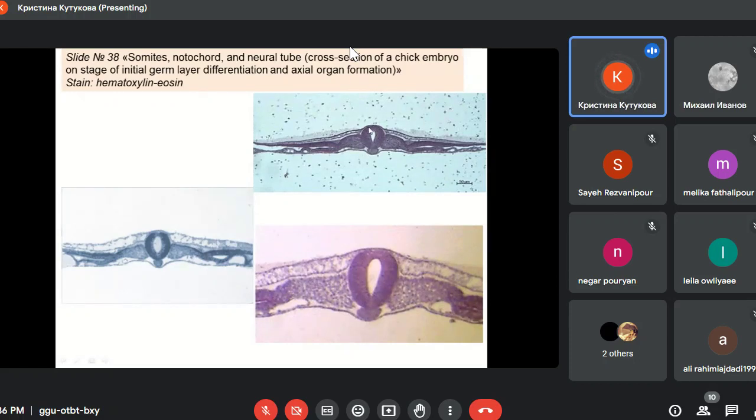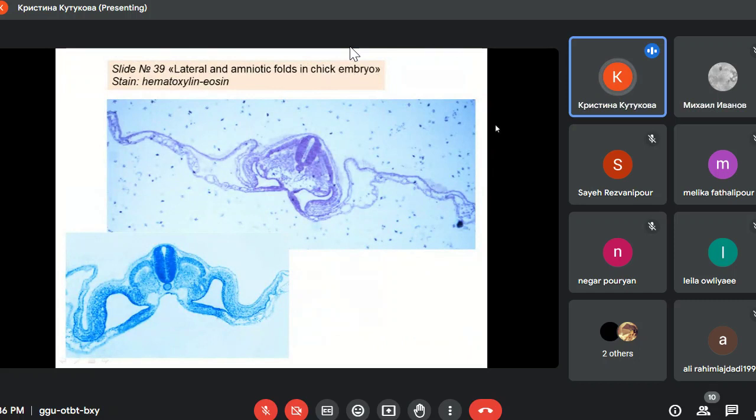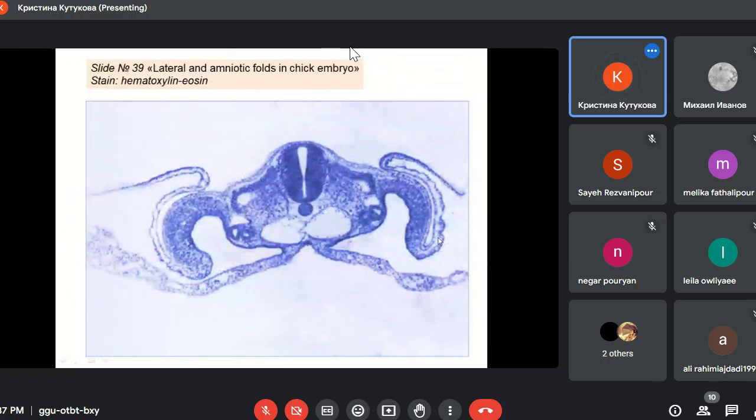Also we have here the central organs, neural tube and notochord. And finally, lateral and amniotic folds in a chick embryo, with these lateral folds growing towards each other, and all the structures that we were discussing.